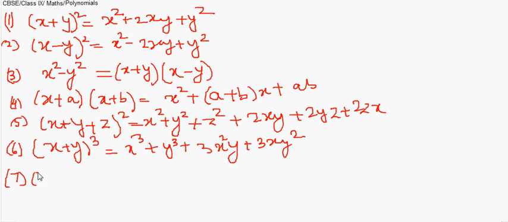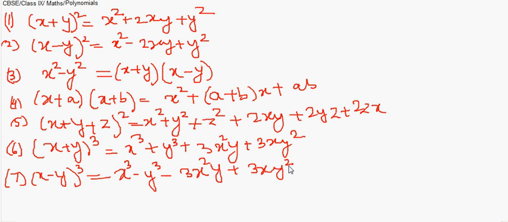Seventh being (x minus y) whole cube. So it is x cube minus y cube minus 3x square y plus 3xy square. These are the 7 identities. I think there is one more, which will be x cube plus y cube plus z cube minus 3xyz.